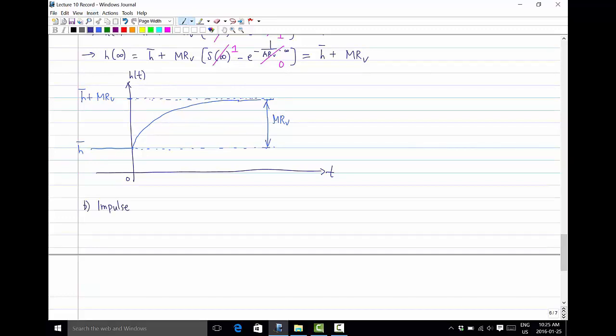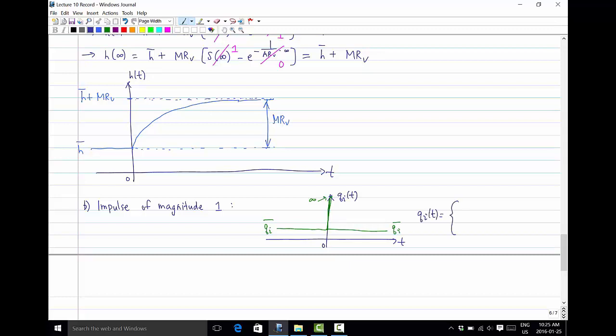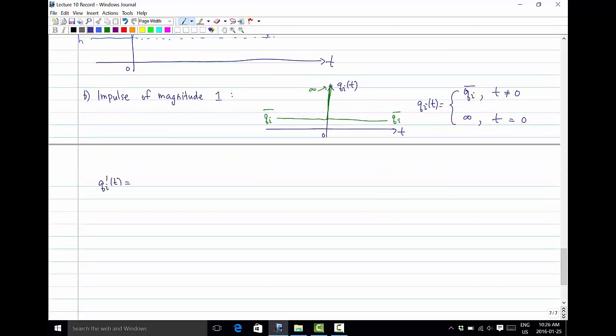Let's look at a second type of input, which is an impulse with a magnitude of 1 in qi of t. This is represented by qi of t with qi bar, the old steady state value of qi, everywhere except for t equals 0, where the value of qi is approximated as infinity. Taking the deviation, we find quickly that qi deviation of t simply equals the delta function, which represents the impulse function of magnitude 1.